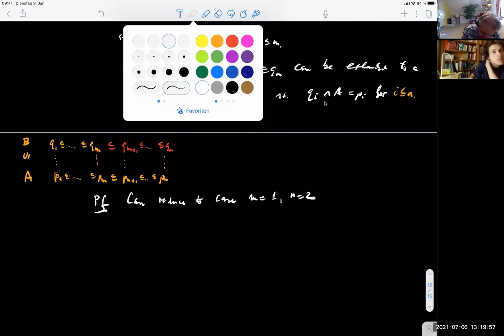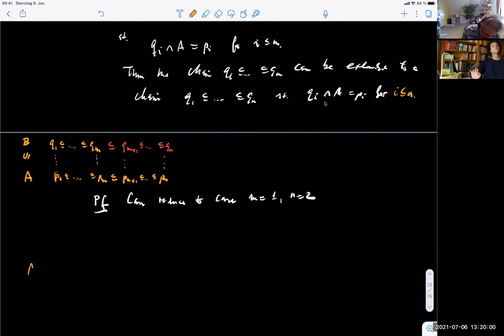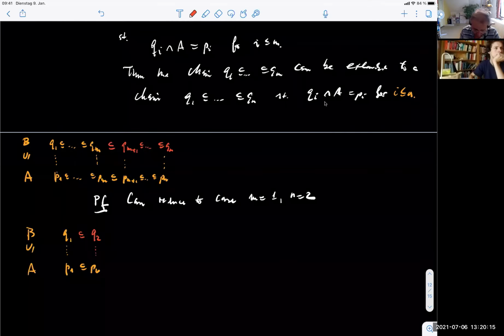Maybe I also put it in orange. I have in A just two prime ideals, and here is my Q1. And what I want to have is the P1, P2, and Q2. Because if I can extend in one step, I just do induction. I apply this principle several times and get it. If I can go up in one step, you just go up several times. Right?